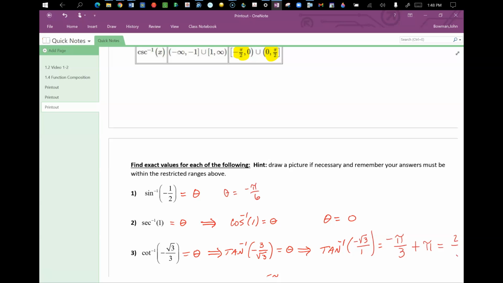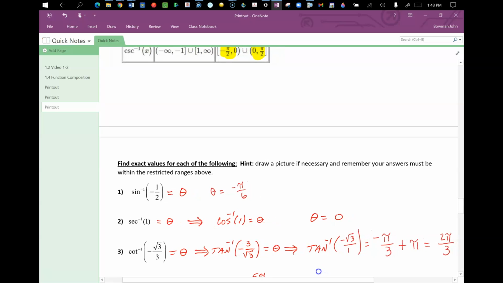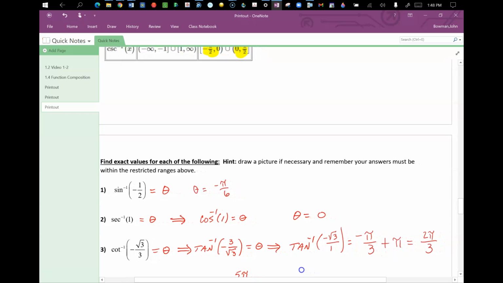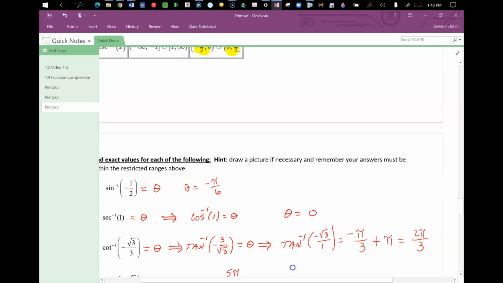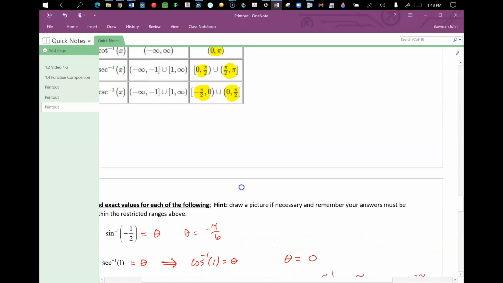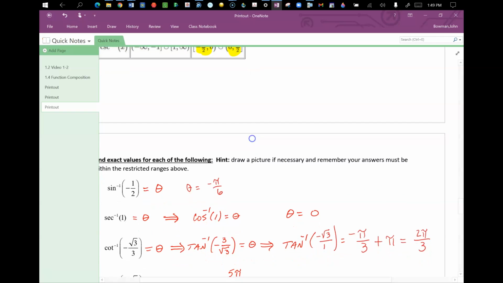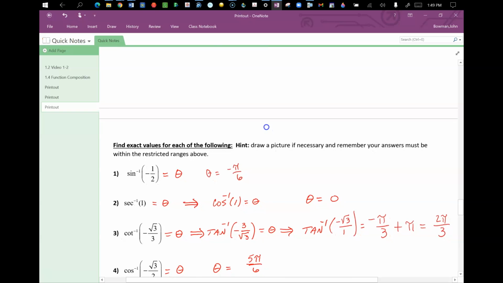So what angle has a tangent of negative 3 over root 3? That is negative pi over 3. But the inverse cotangent will only give you angles on the interval from 0 to pi, and our answer right now is in the fourth quadrant, not in the first or the second quadrant. So we're going to add pi radians to that and get 2 pi over 3. That's a tricky one.